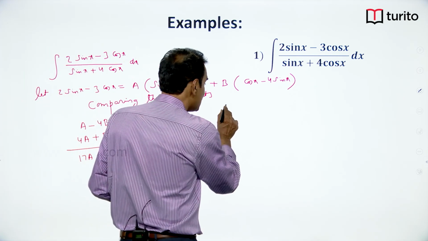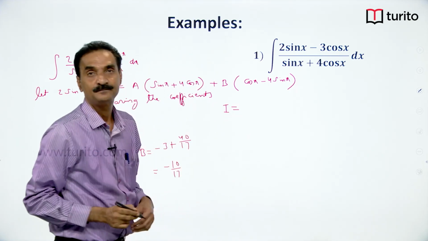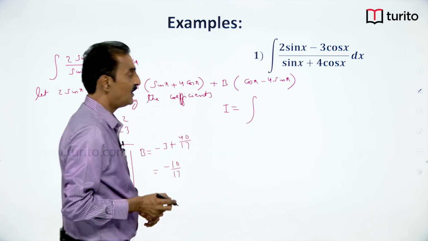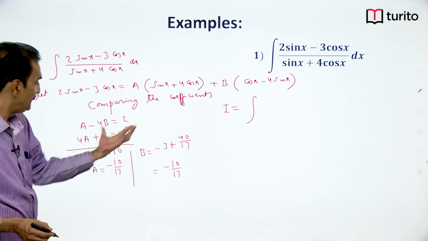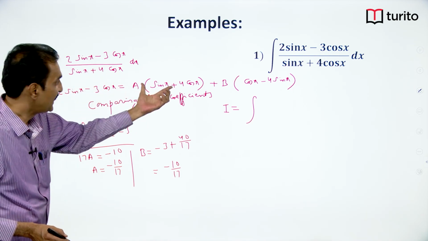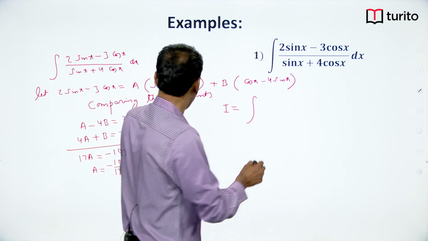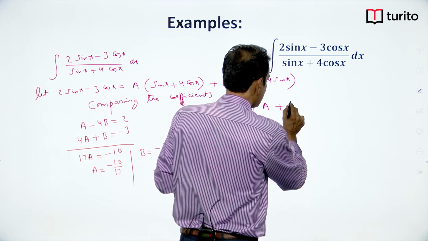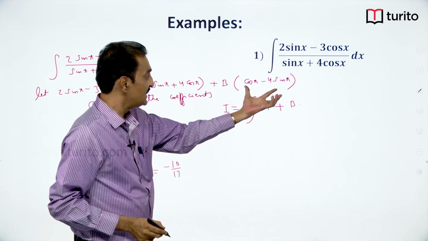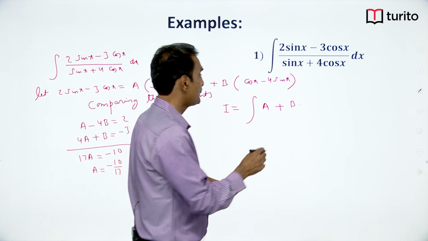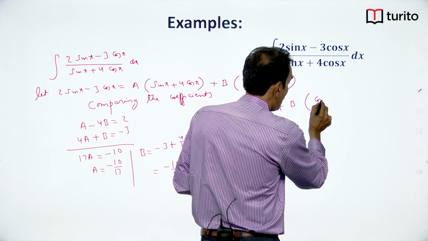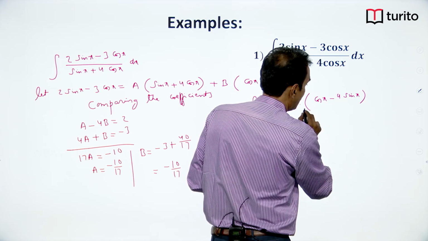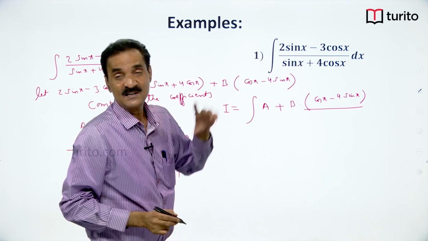Then the given integral I is equal to, what will you get? Integral of, if you write the numerator like this and separate the denominator, this will cancel, a will be remaining, plus b into cos x minus 4 sin x by sin x plus 4 cos x.